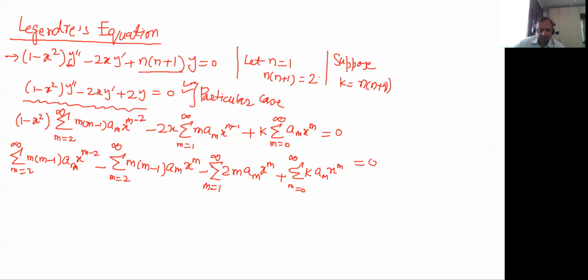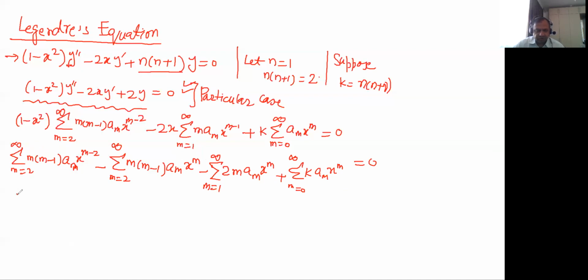So now if I want to combine these terms, what I have to do is bring all the powers of x to the same form. It will be better to bring it to x to the power m, especially for this first term.